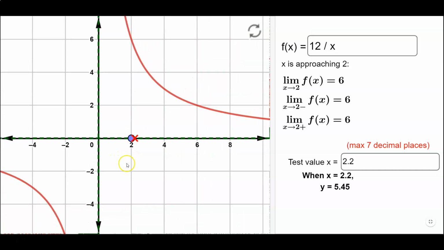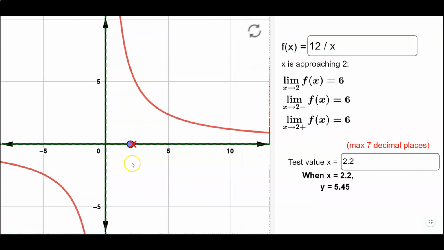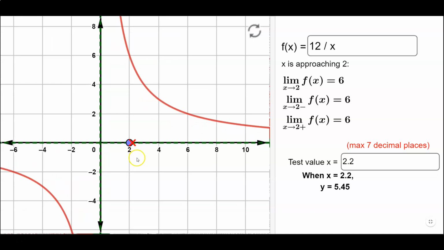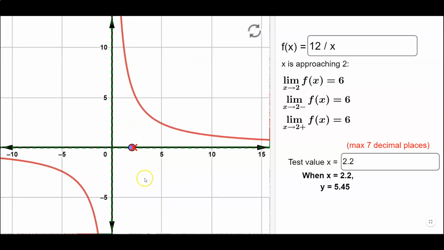All right. So what we're going to look at is what happens when we take that blue dot and we move it towards 0. So down here where it says test value, just put in a 0. Now look what it said the y coordinate is. Infinity.